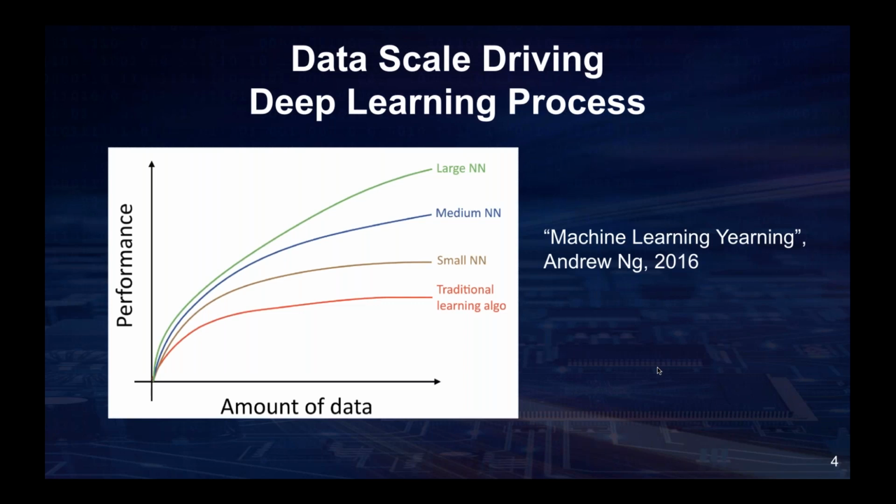As the amount of data grows, a large neural network or machine learning model can gain better performance. That shows that deep learning applications are data driven, and they also need to access a huge amount of data. And the next slide.